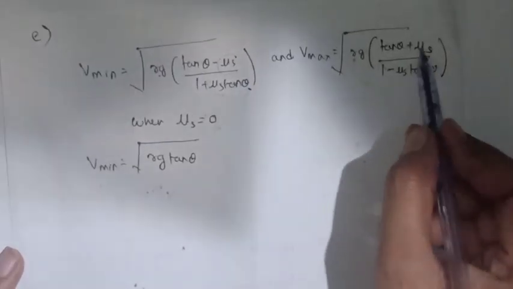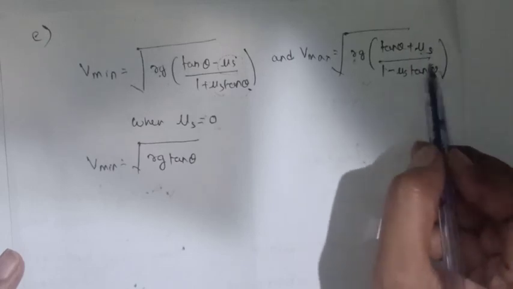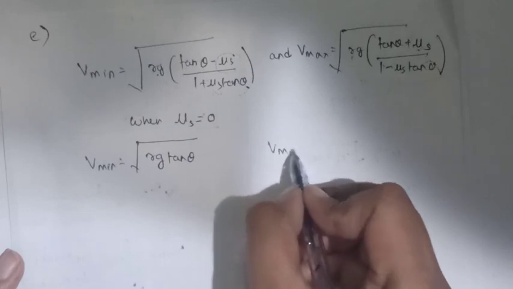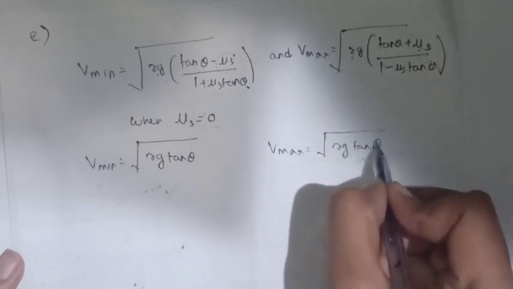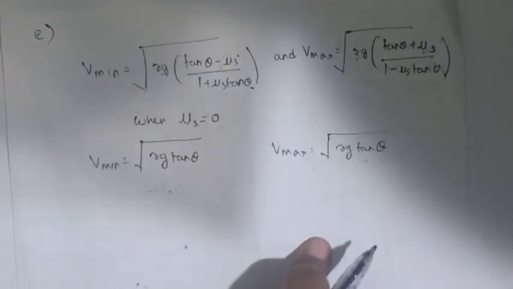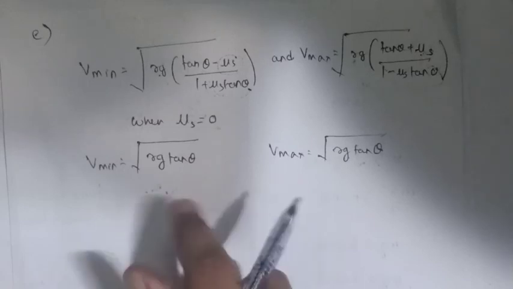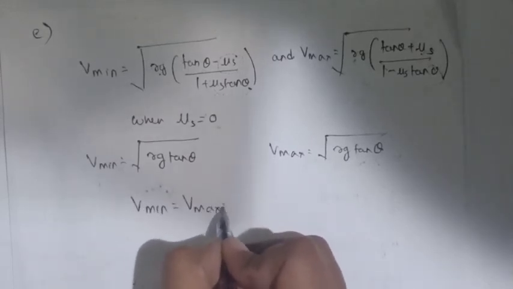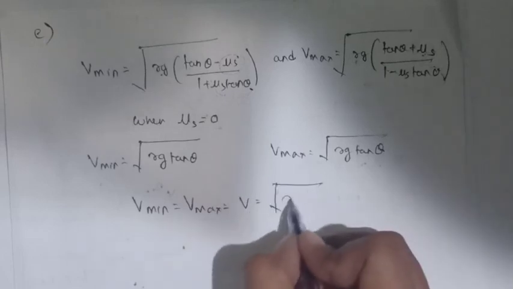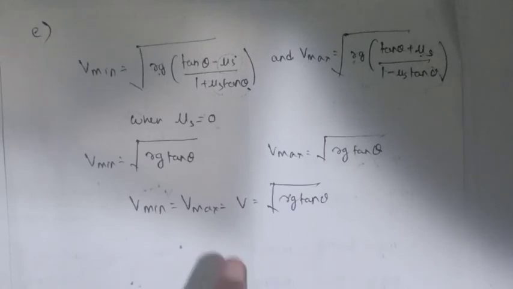Similarly, here also mu s will become 0, so this factor will become 0, and again you will get v max as the square root of rg tan theta. So if you observe, you are getting the same thing: v min equals v max equals v, the square root of rg tan theta, which is the safest speed on a bank.